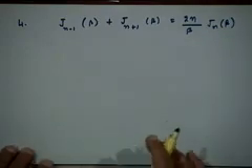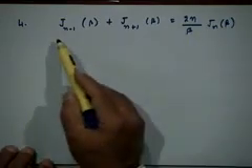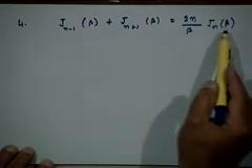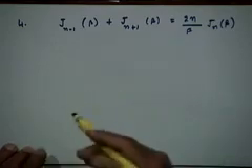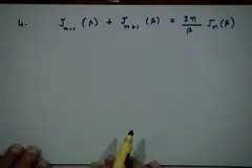Which essentially means that if I know Jn beta and Jn minus 1 beta for a given value of beta, I can find out Jn plus 1 beta. So there is a recursive relationship satisfied by the Bessel functions, which is helpful in the computation of the Bessel functions.